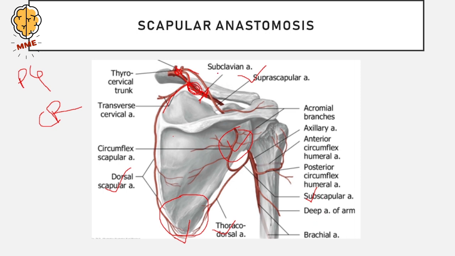This is the first part of the subclavian, which is giving the thyrocervical trunk, which is providing us with the suprascapular artery, and now the third part of the axillary artery will give us the subscapular artery, right? So the posterior circumflex humeral, anterior circumflex humeral, and subscapular artery are given by the third part of the axillary artery. So here it comes and it will anastomose with this and prevent the ischemia.